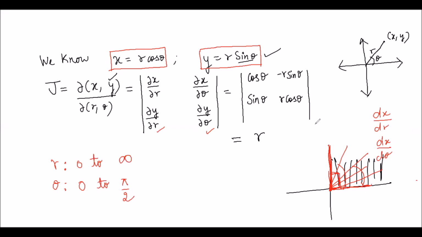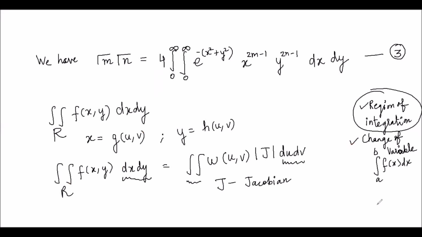Now we have the Jacobian, we have the new limits, the limits of r and theta. So let us rewrite this equation 3, which will be equation 4.